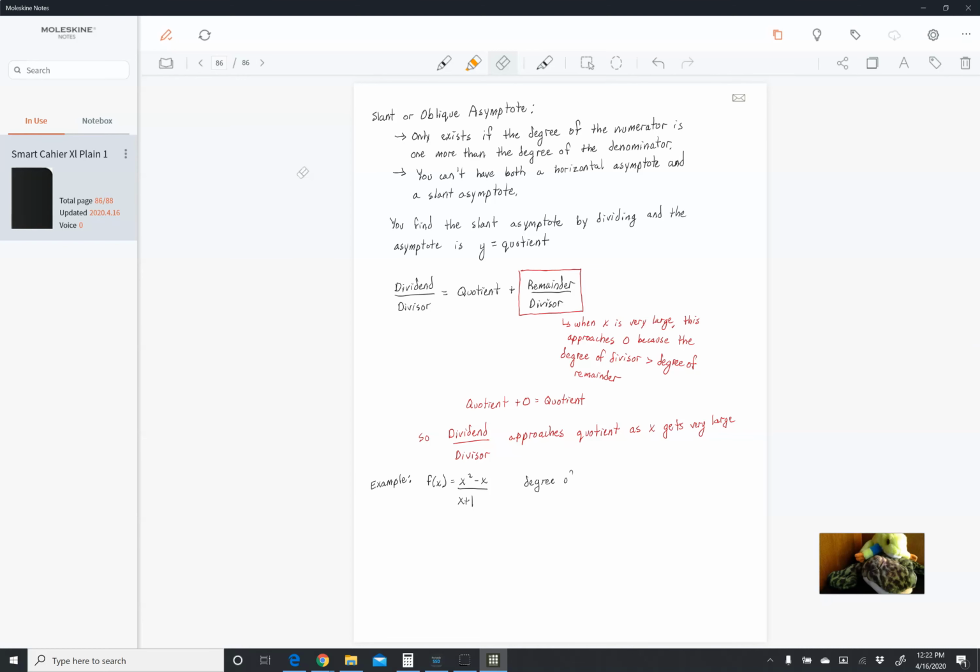The degree of the numerator equals 2. The degree of the denominator is equal to 1. And 2 is equal to 1 plus 1. So there is a slant asymptote.